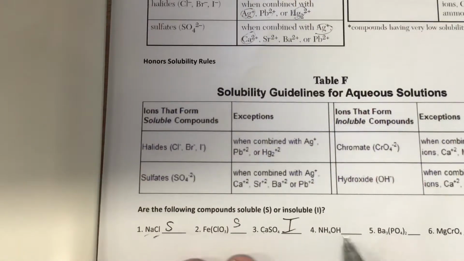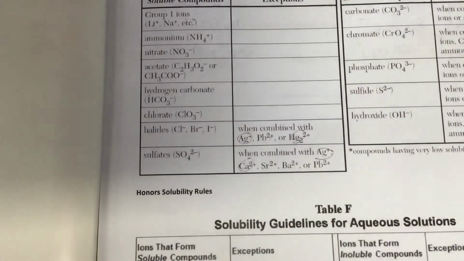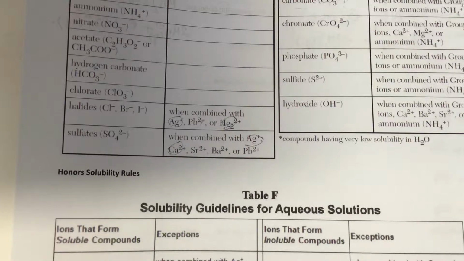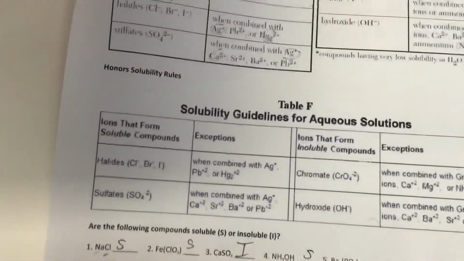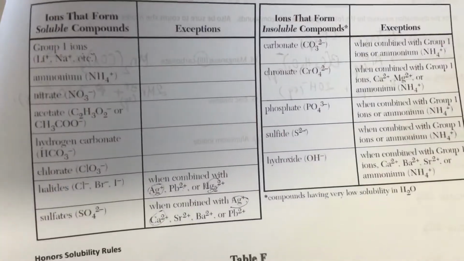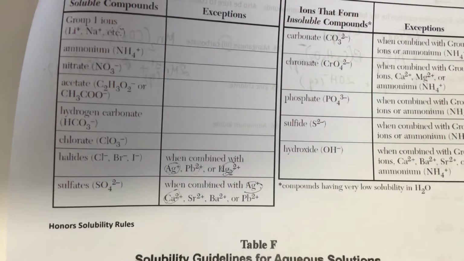Next one, ammonium hydroxide. Ammoniums are always soluble, so we're fine. Next one is barium phosphate. Phosphates are generally insoluble, except when they're with group 1s or ammonium. Barium is group 2, so it's insoluble.